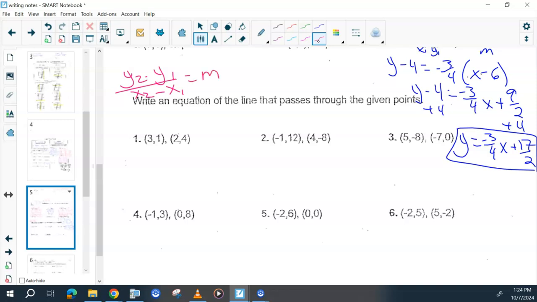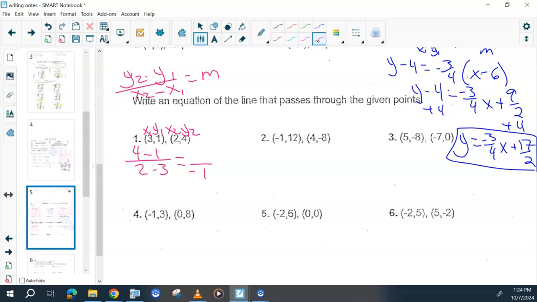Then we're going to use the same process that we were just doing. So label them if you need to. This would be 4 minus 1 over 2 minus 3, which is negative what? Not negative 1. It is negative 1 in the denominator, yes.